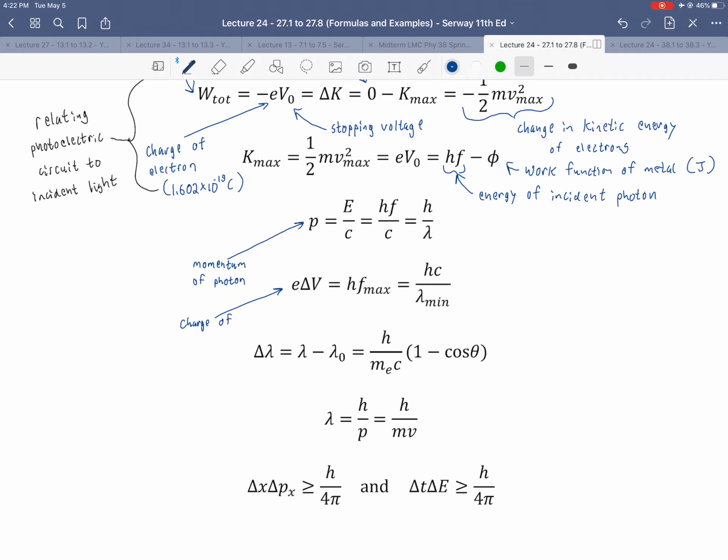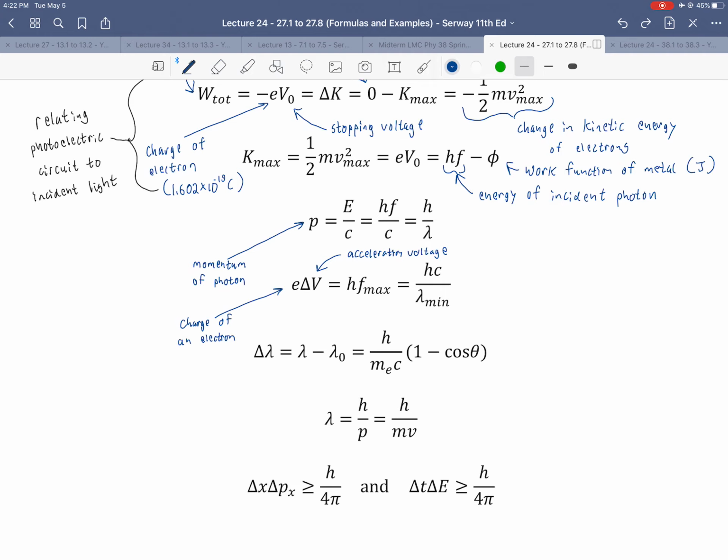The delta voltage or delta V refers to the change in voltage or the acceleration voltage. So the idea is that this is just how much kinetic energy an electron would have, and then that kinetic energy of the electron can be changed if the electron is turned.